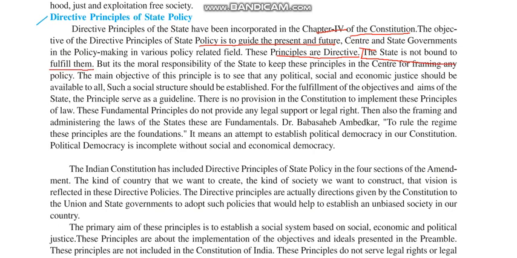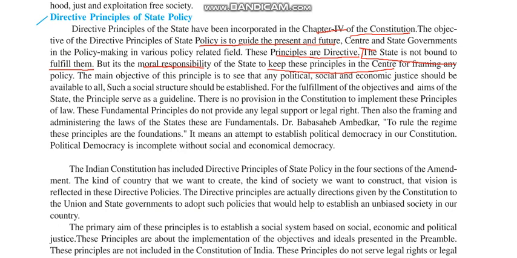The state cannot be forced to fulfill them, but it is the moral responsibility of the state to keep these principles at the center, to keep these principles in mind when framing any kind of policy related to the state.